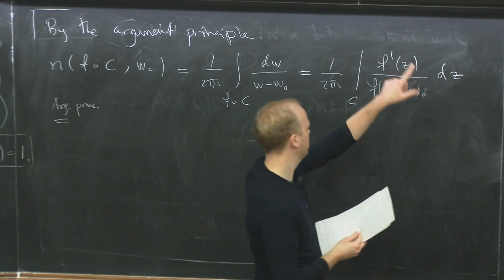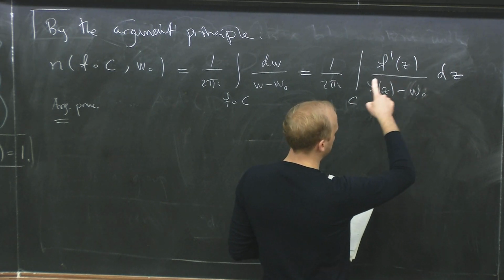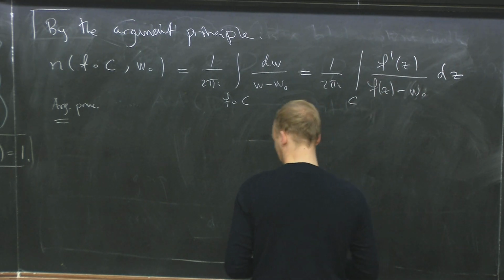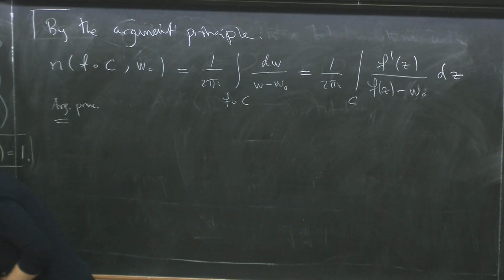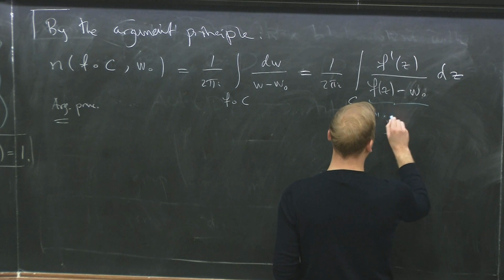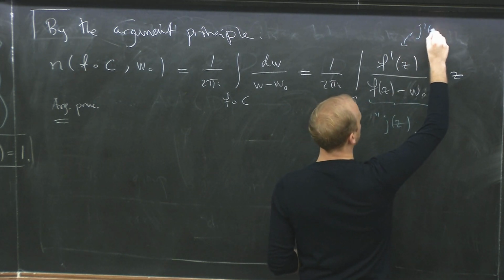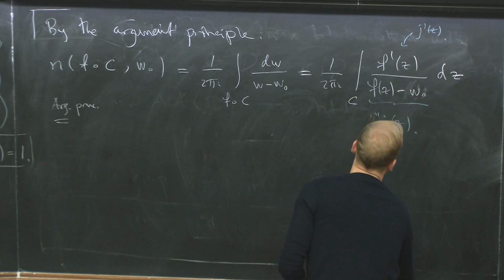This integral here would then be the winding number, but of the function, if we call this the function j. If this is j of z, then this one is j prime of z, because taking minus w doesn't change this fact.